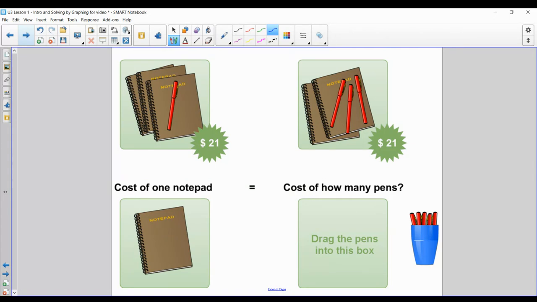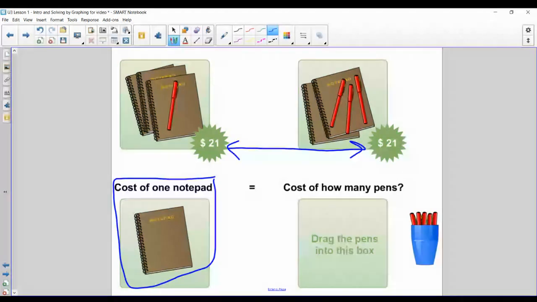Okay, take a look at this one. I want to know the cost of one notepad and how many pens does that equal? Well, if you start looking at this, both of these purchases cost me $21. So I start to look at what is common to them. If I look at this, I've got one notebook, two notebooks, one notebook, two notebooks.